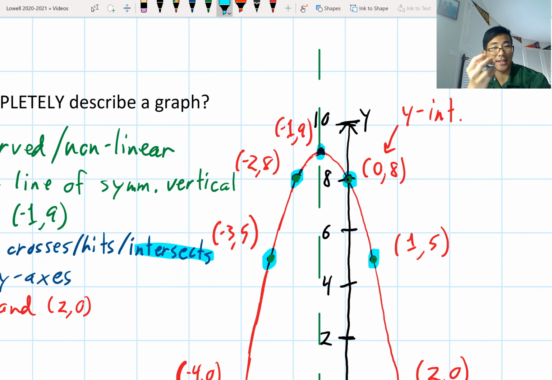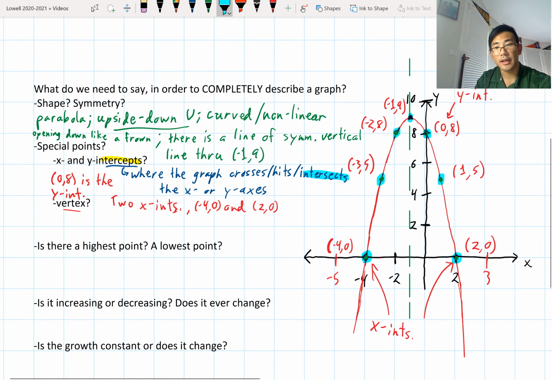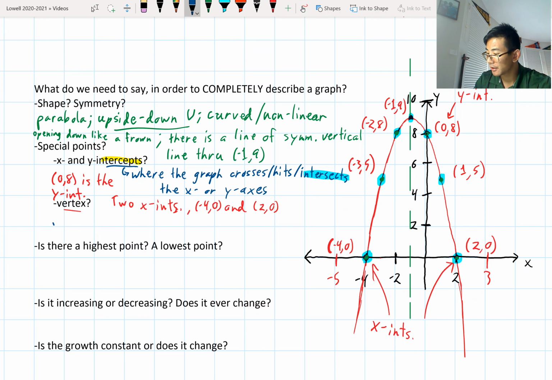It is its own reflection. And so the fact that it is alone, so sad, it's alone, means that's how you can identify the vertex. And so this parabola has a vertex at -1, 9. So definitely we would want to point that out as well.